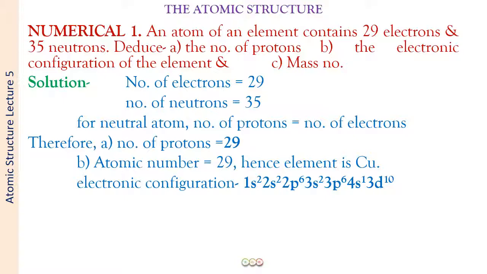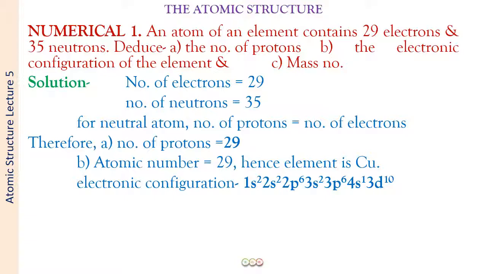You will see the electronic configuration written as 1s2, 2s2, 2p6, 3s2, 3p6, 4s1, 3d10. Okay, so you may not be able to understand this, but you will be by the time we finish this course. This was added to the question just to give a glimpse of what we are going to do in this lecture.